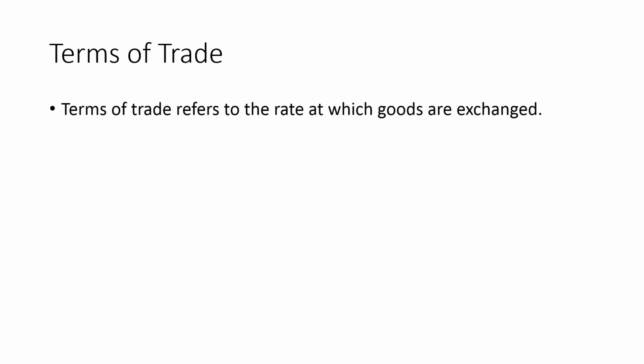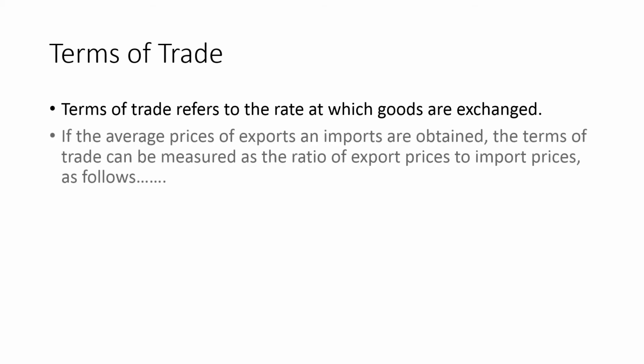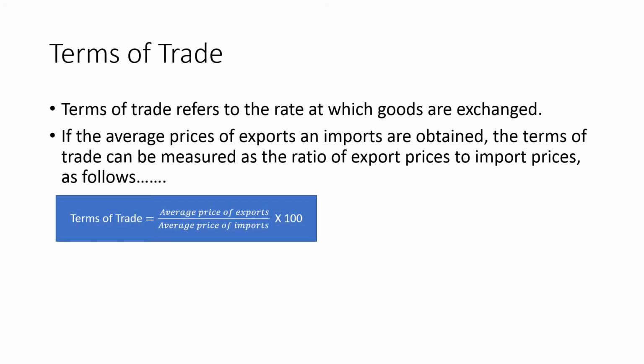Terms of trade. Terms of trade refers to the rate at which goods are exchanged. If the average prices of exports and imports are obtained, the terms of trade can be measured as the ratio of export prices to import prices. So the calculation will be terms of trade equals average price of exports divided by average price of imports times 100.